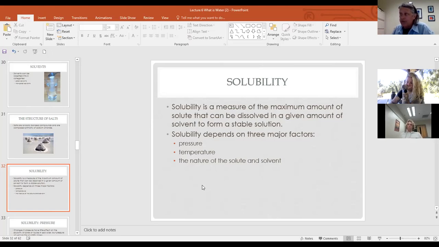Cold water holds nutrients and gases a little bit better than warm water. So the organisms are a little more abundant in cold, nutrient-rich water. So temperature and pressure definitely play a role in ecology, dissolved gases and dissolved nutrients.